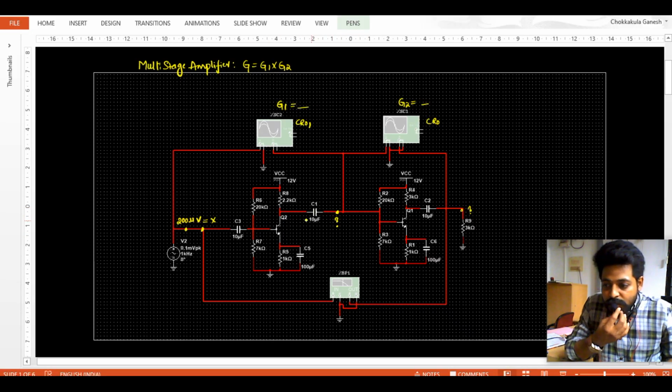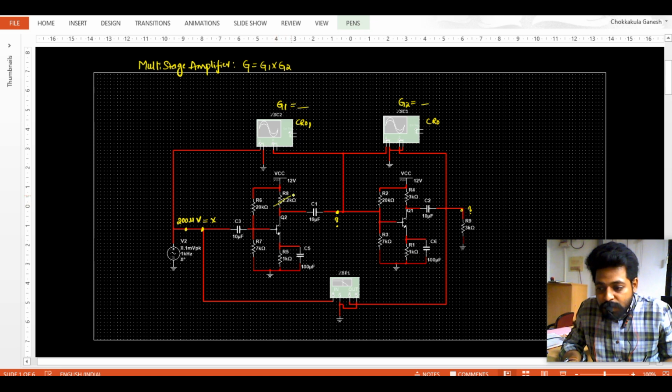There is a possibility we can change this pull-up resistance, depending upon the gain requirement.